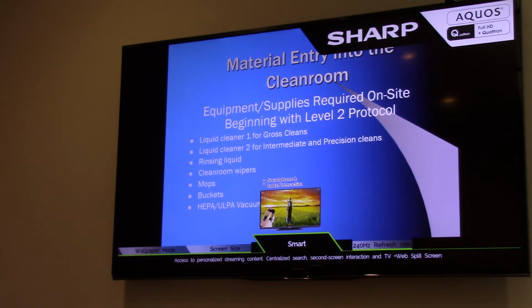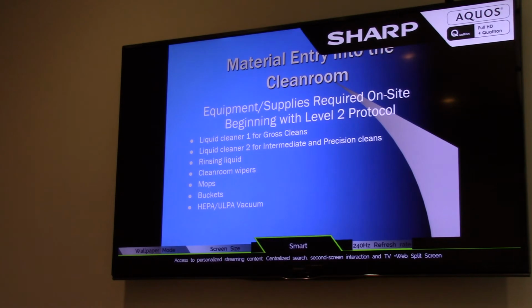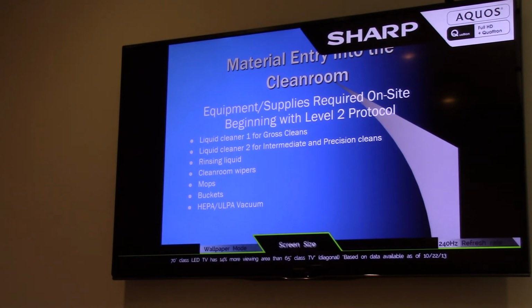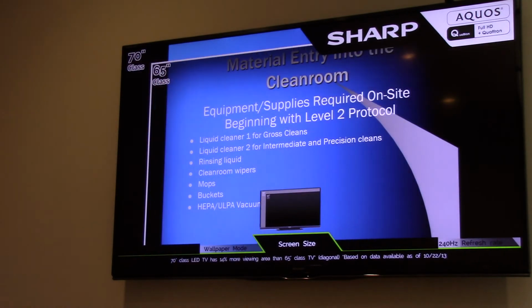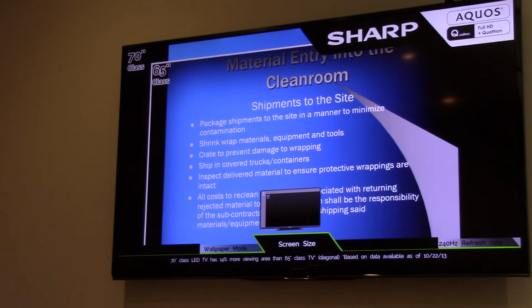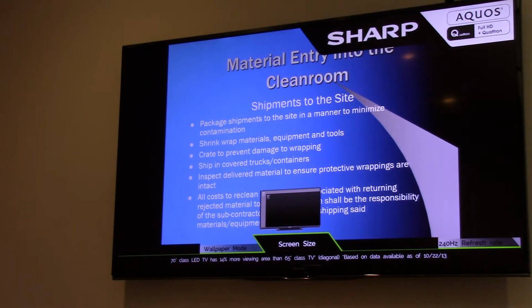And this talks about, which you can read through on your own, the different cleaning materials that we typically supply at each level, right? This is really related to construction shipments to the site. We typically make sure everything comes in shrink wrapped, and we bring it to the designated area for wiping it down before it's brought into the space.